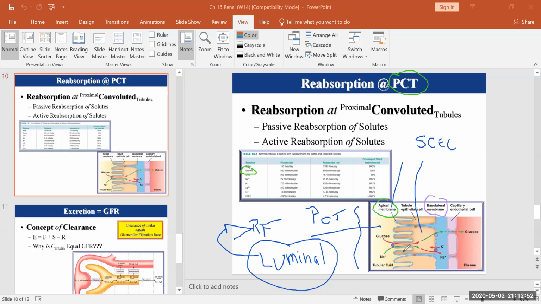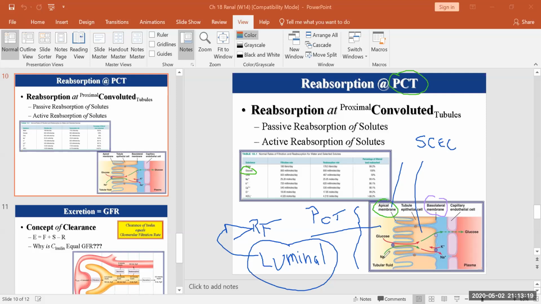It's the same mechanism we learned earlier. This is through a symporter, right? A transmembrane protein that transports two different cargoes at the same time in the same direction. So this transporter transports sodium, and glucose tags along. It's a free ride.